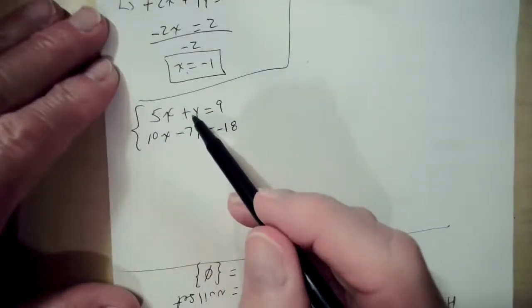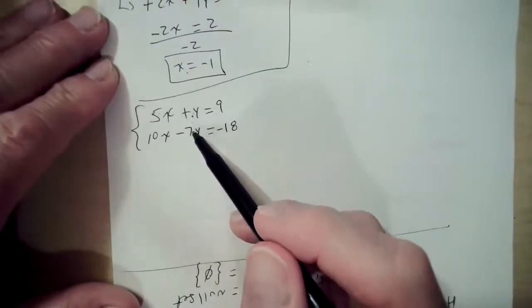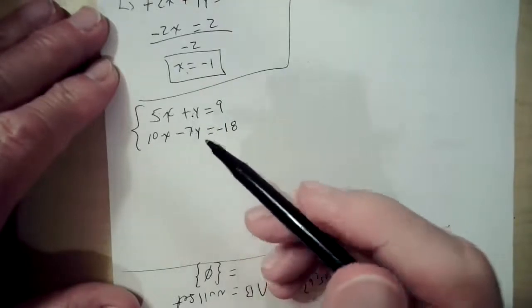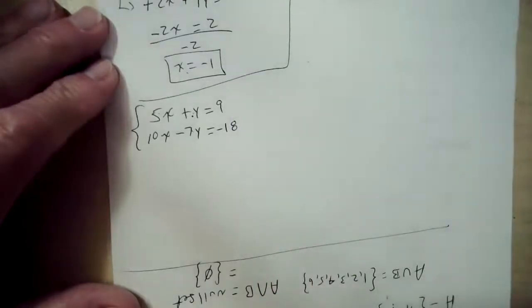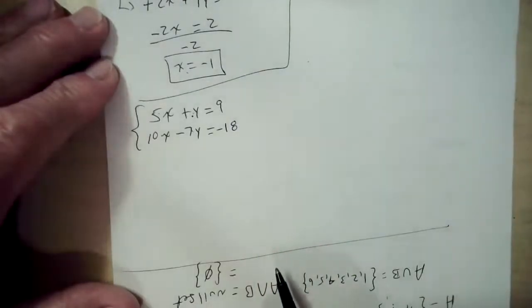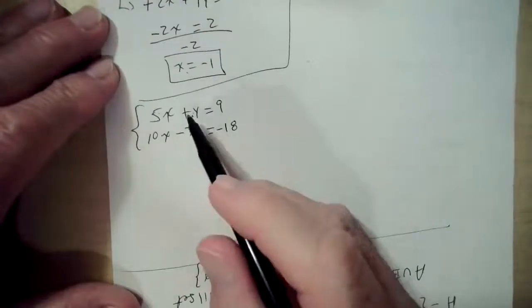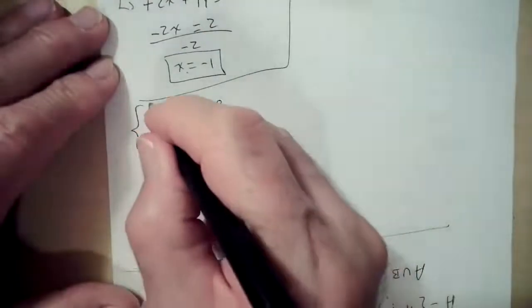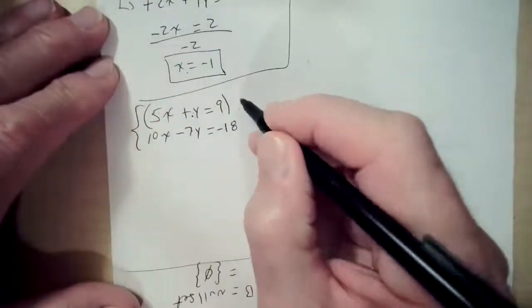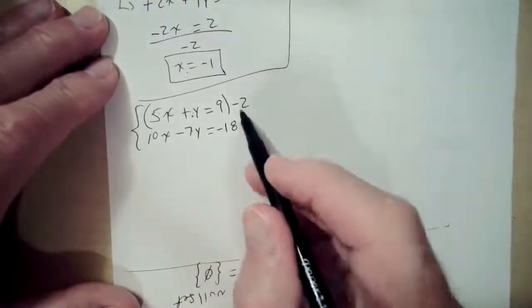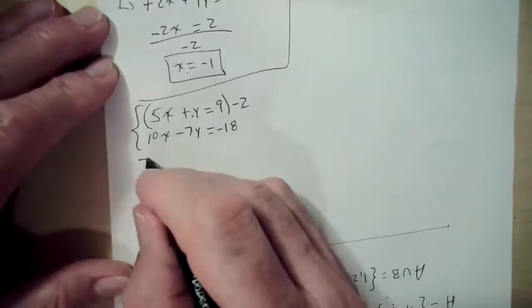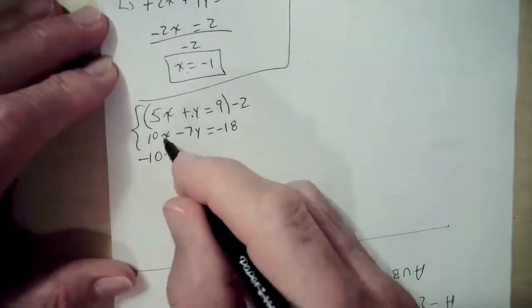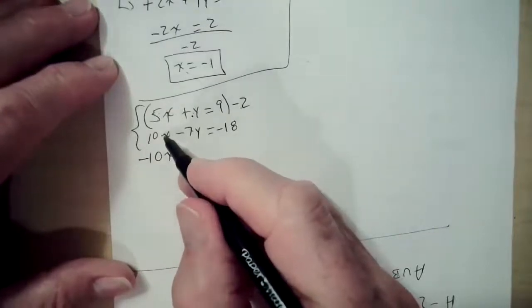Is 5 a factor of 10? Yes. Now remember, the coefficient of this one's 1. Is 1 a factor of 7? Yes. So what do you want to do here? Probably the easiest thing to do is multiply this one by negative 2. Negative 2 times 5 is negative 10x.